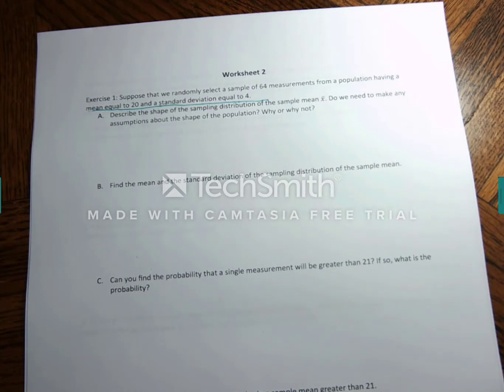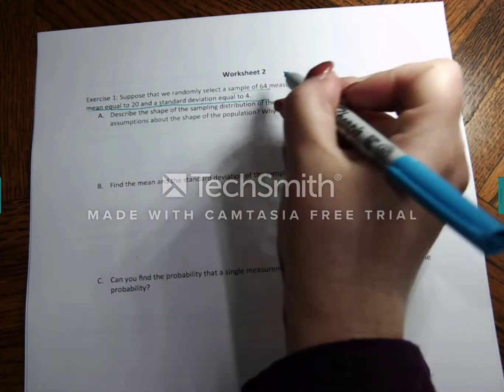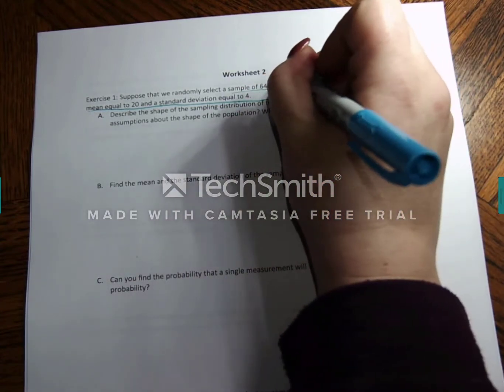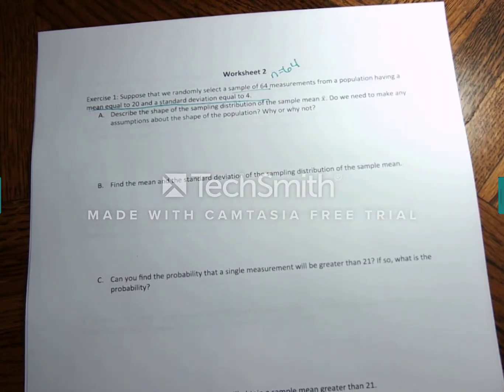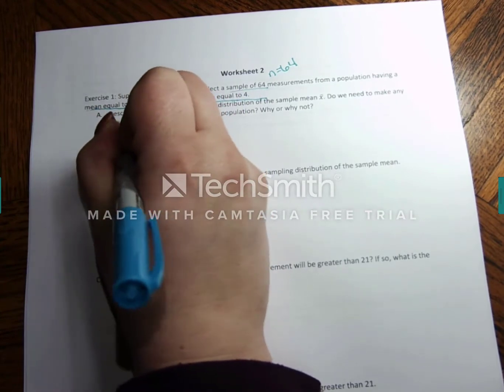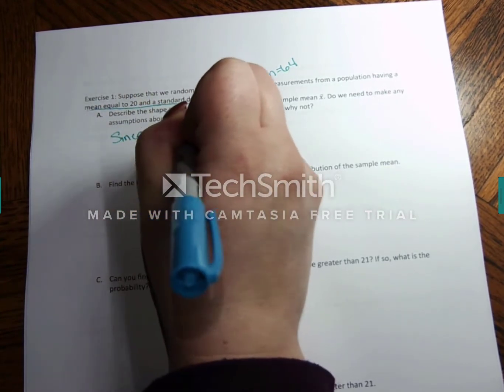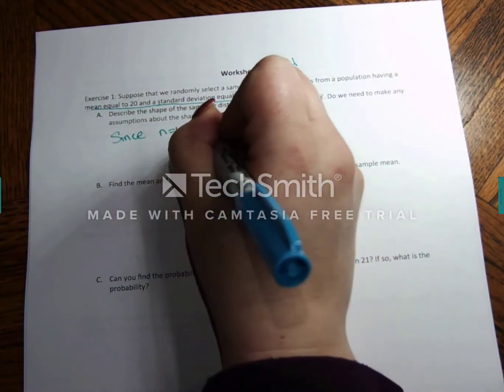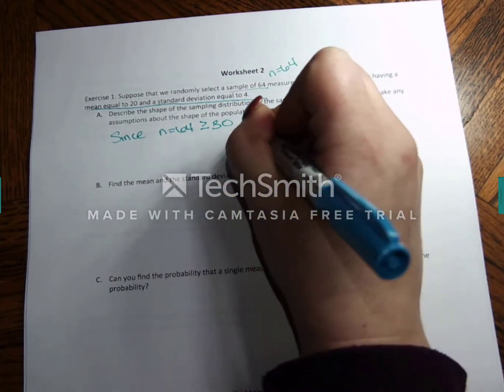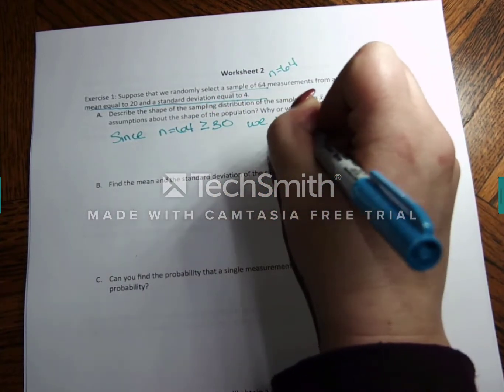Notice in this case, we're going to select samples of 64 measurements. In other words, n is equal to 64. Since n is bigger than or equal to 30, we know the central limit theorem applies.